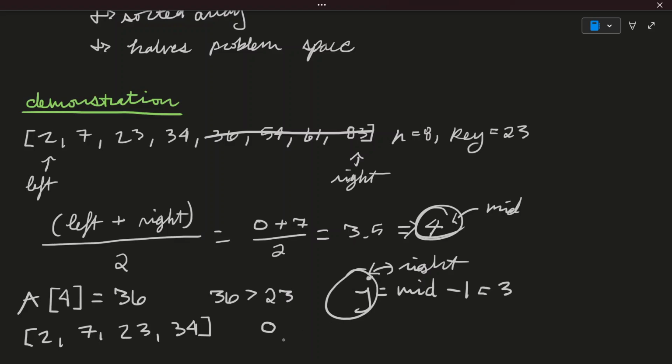Sorry about that. So our left pointer is still at 0. Our right pointer is now at 3. Divide that by 2. That's 1.5. Let's round that up to 2. This is our new mid.